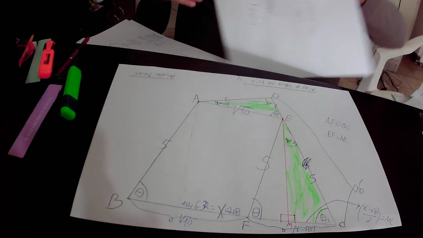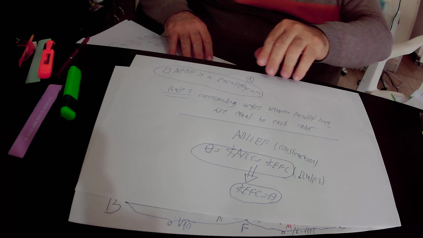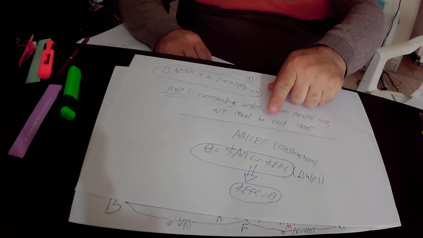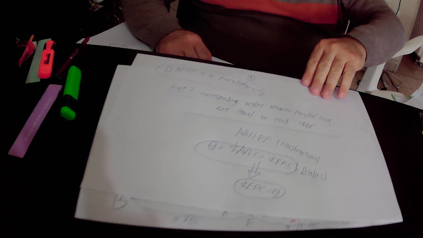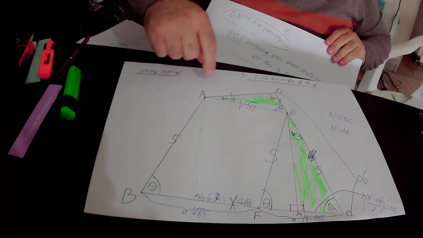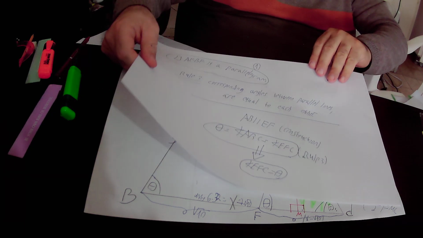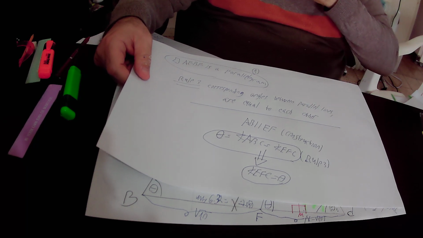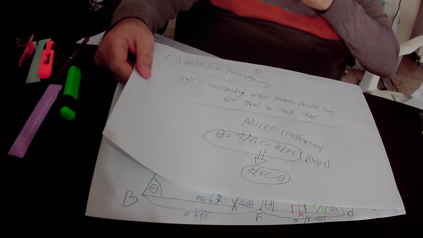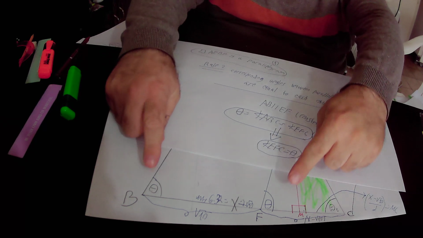I repeat again. AB is parallel to EF according to our construction. Therefore, according to rule number 3, those two angles are equal to each other.